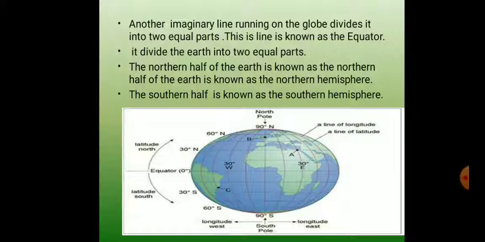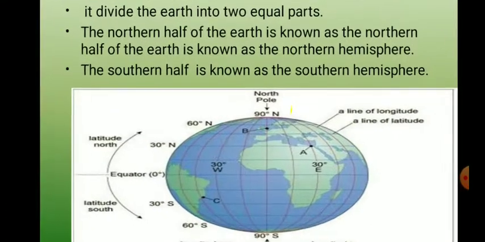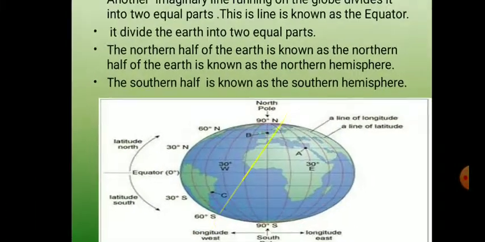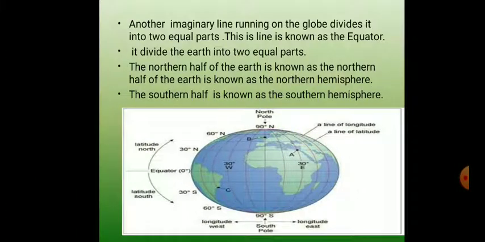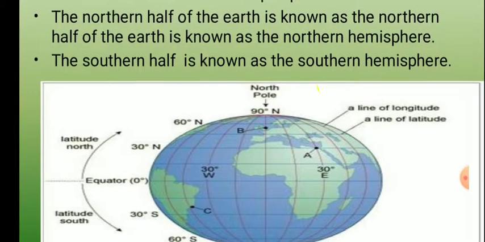Now we will understand this with the help of a diagram. First, another imaginary line running on the globe divides it into two equal parts, and that is known as the equator.